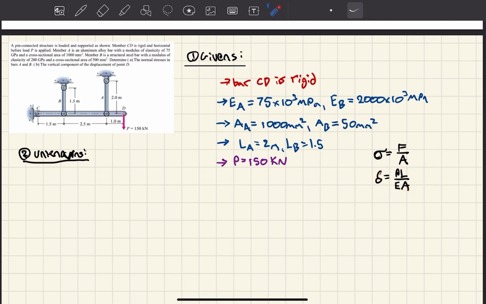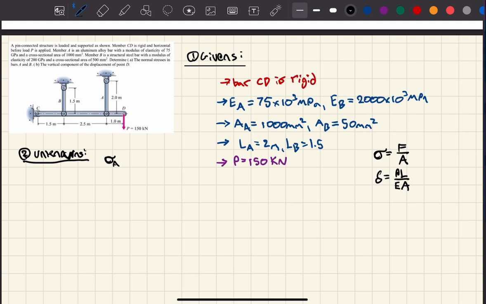What does it want us to find? It wants us to find the stress developed in bar A and bar B, and we're going to use this formula to find it. But before we can find it, we need to find the force first. We'll go through all that in just a second.